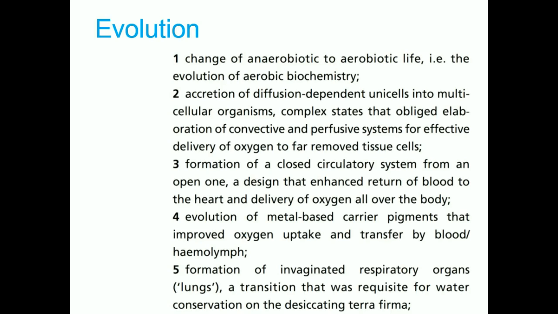Now, talking about vertebrate evolution, the next step would be the evolution of a closed circulatory system, that, as we have seen, is very efficient in supplying different tissues with oxygen and to adjust the delivery of oxygen to the tissues and nutrients as well.